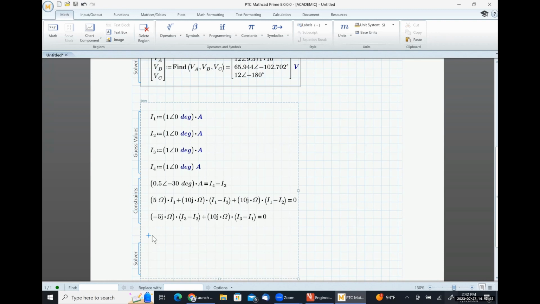So now I need my KVL around mesh 2. So that was the one that was -12.